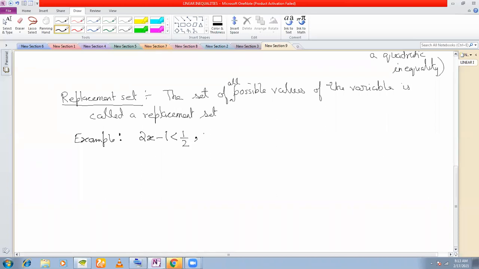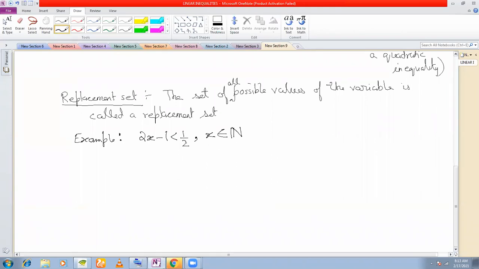Suppose if I give you this kind of inequality, 2x minus 1 less than half. And after giving a comma, I say x belongs to N. What is N? If you remember sets, I told you N is a set of natural numbers, right? If I write N this way, it means the set of natural numbers. It is an infinite set. Okay.